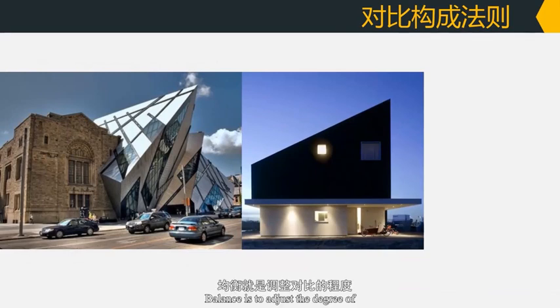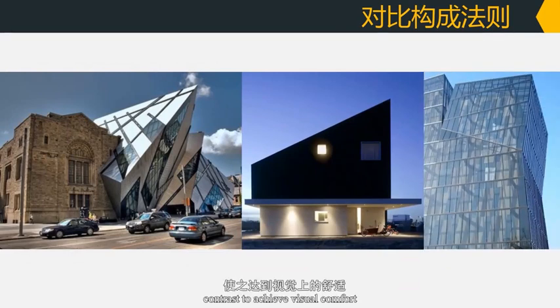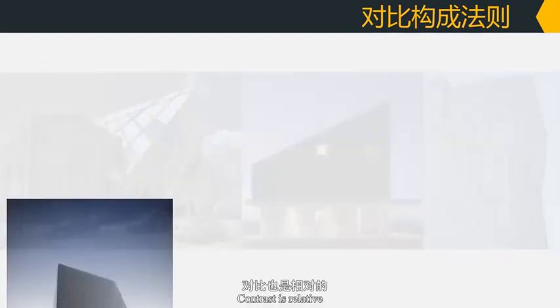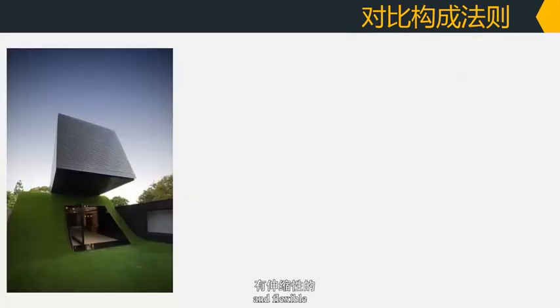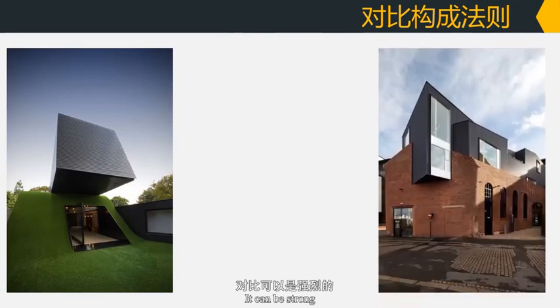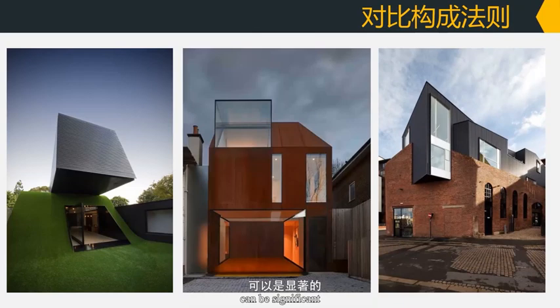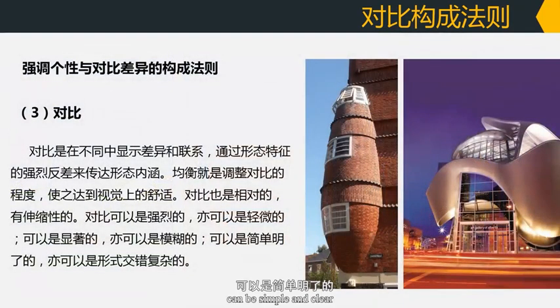Balance is to adjust the degree of contrast to achieve visual comfort. Contrast is relative and flexible. It can be strong, can be slight, can be significant, can be vague, can be simple and clear, can be complicated.